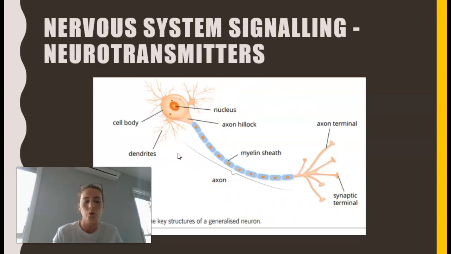How the signal works, the basics just for now: it's much quicker. So the electrical signal being generated along this neuron is a lot faster than what we see in the endocrine system. And to compare to the endocrine system, the effects are a lot shorter.